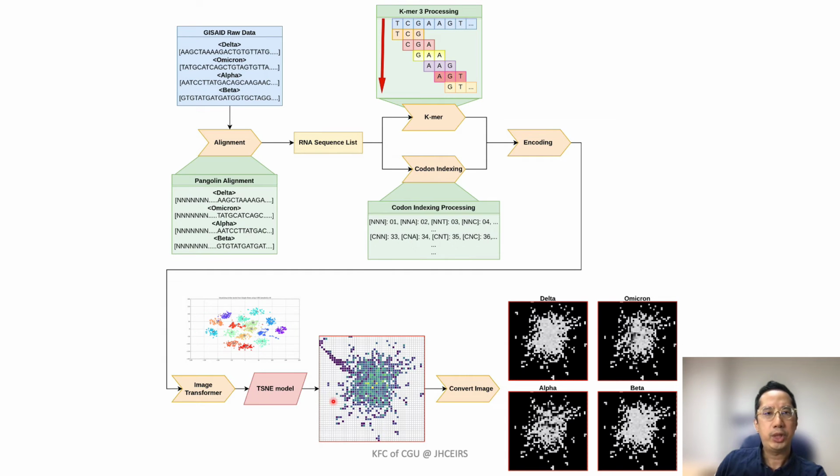This method can generate a filter, and we convert the sequence into an image. As you can see here, the four coarse illustrations from Alpha, Delta, Beta to Omicron. As you might be able to identify the differences in these images, the machine can also identify the differences in these images.